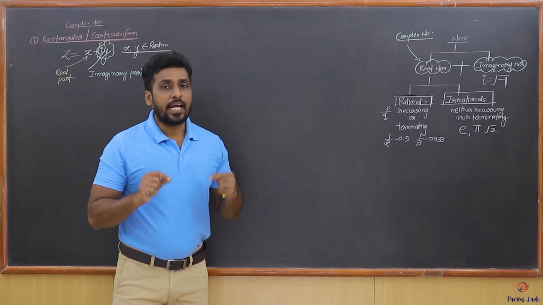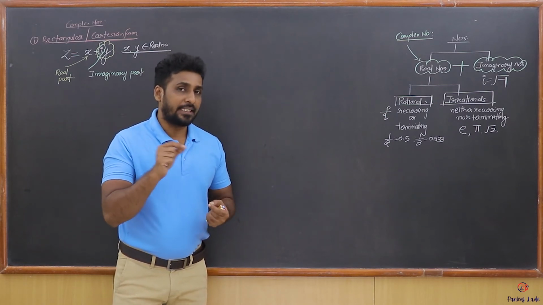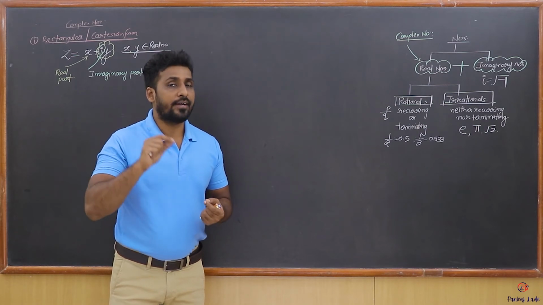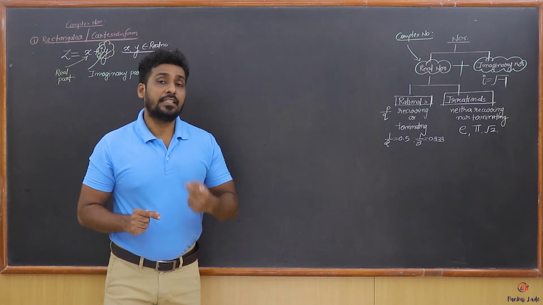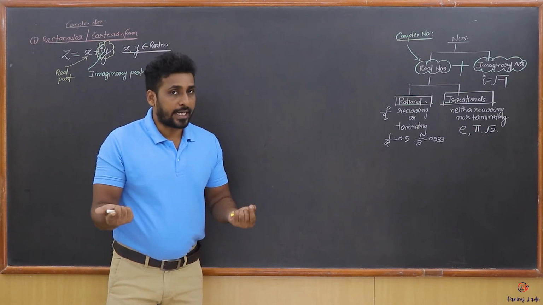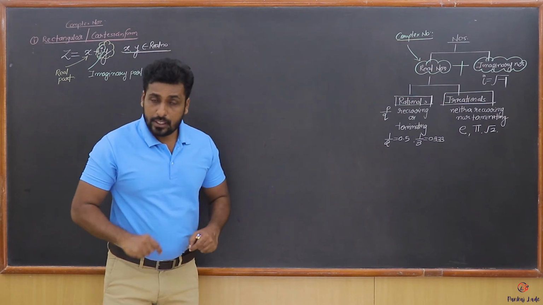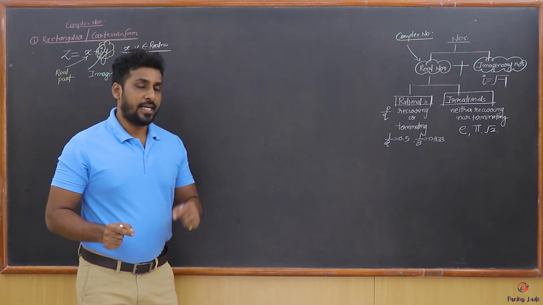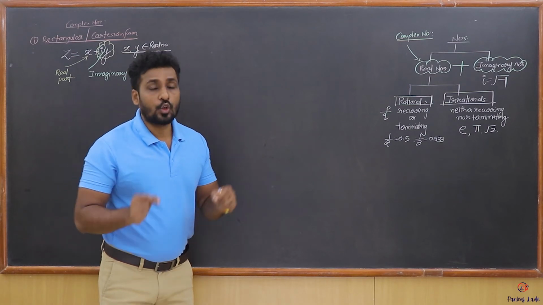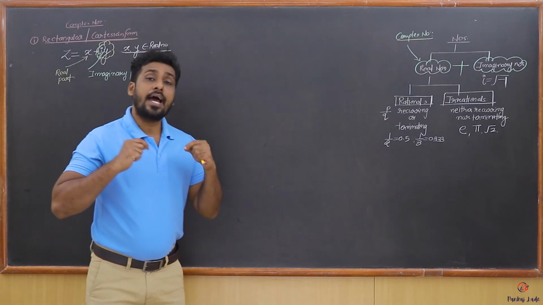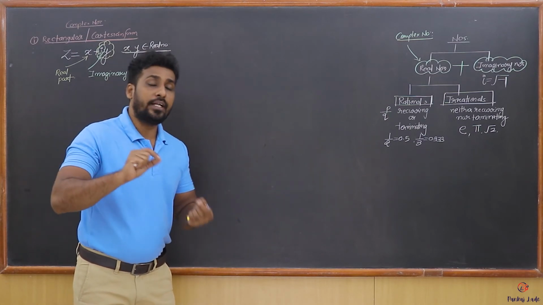So the point can go in any of the quadrants. If x and y are both positive, the point lies in the first quadrant. If x is negative, y is positive, you know it is going to be the second quadrant. Likewise, if both x and y are negative, it is going to be the third quadrant, and if x is positive, y is negative, it is going to be the fourth quadrant. So x and y can lie in any quadrant, so you can have a point in any quadrant.